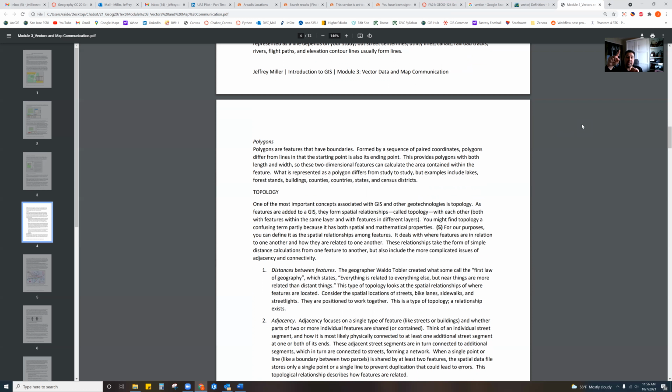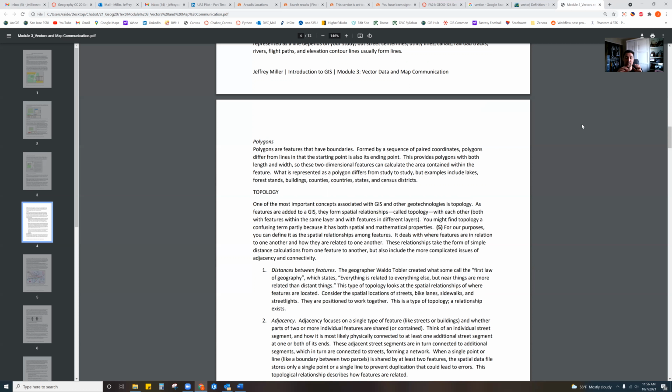If you digitized a line and closed it at the end, GIS wouldn't calculate what's inside of that line. It would just calculate the length of it.